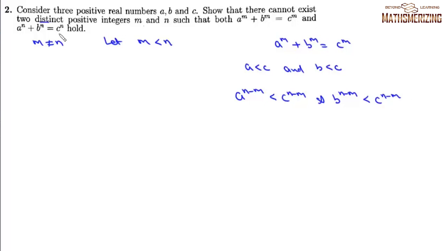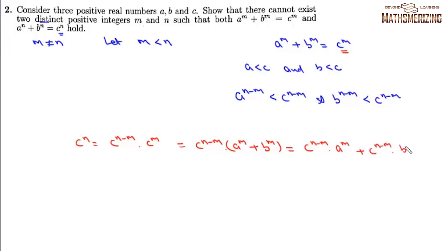Now we'll begin with c to the power n. We can write c to the power n as c to the power n minus m into c to the power m, and c to the power m is a to the power m plus b to the power m. So we can write c to the power n minus m into a to the power m plus b to the power m, which we can also write as c to the power n minus m into a to the power m plus c to the power n minus m into b to the power m.